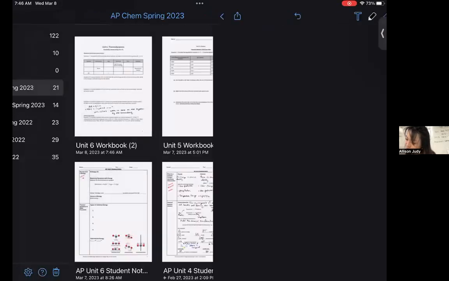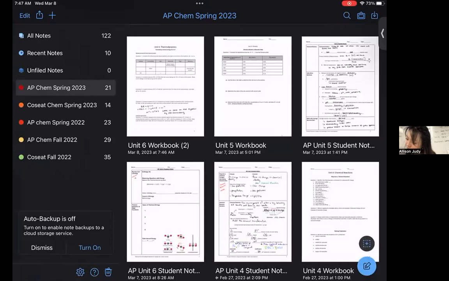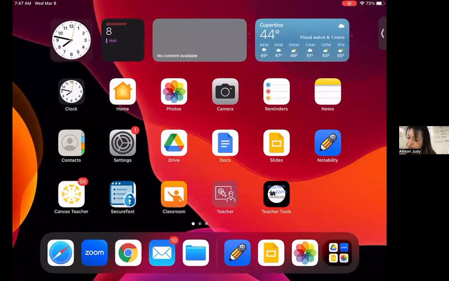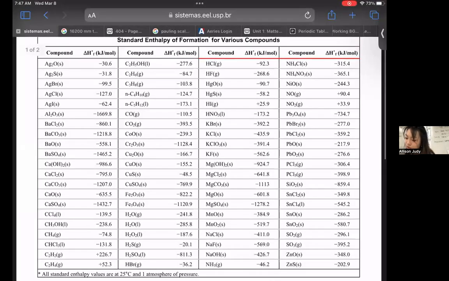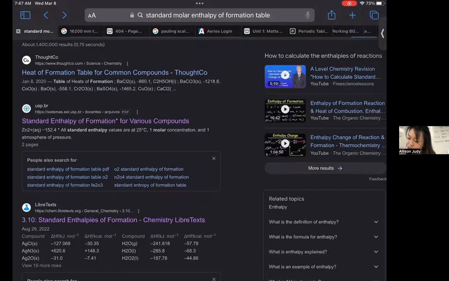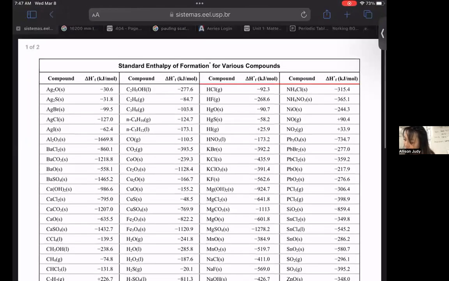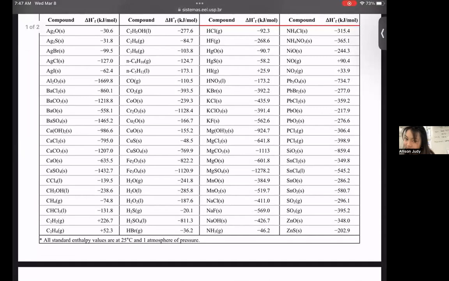So if I look at a table, I just Googled standard molar enthalpy of formation table. And I get this table and I look at my zinc oxide values for my product, and I see that it's negative 348 for the formation of zinc oxide.